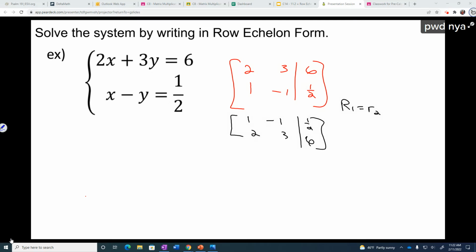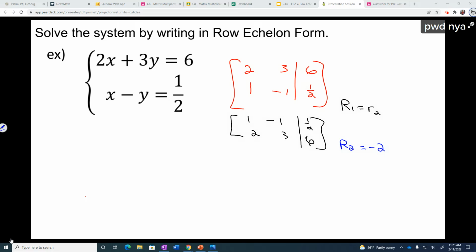Now we need to change this to a 0. So let's think, how do we write this? R2 equals what? Well, we're going to change it to a 0, not a 1 now. So to get to a 0, we've got to multiply the row above it by the opposite.